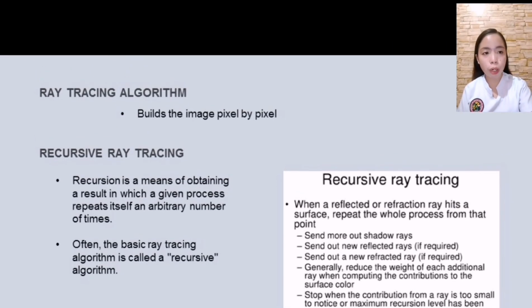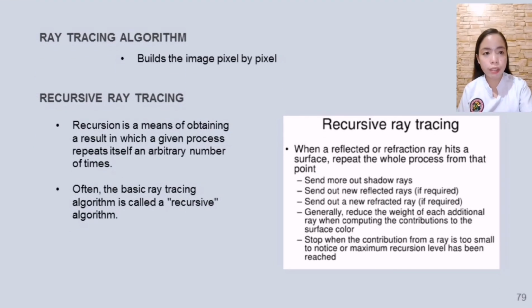First is to send out more shadow rays, send out new reflected rays, and send out a new refracted ray, generally reducing the weight of each additional ray when computing the contribution to the surface color. Then stop when the contribution from a ray is too small to notice or the maximum recursion level has been reached.